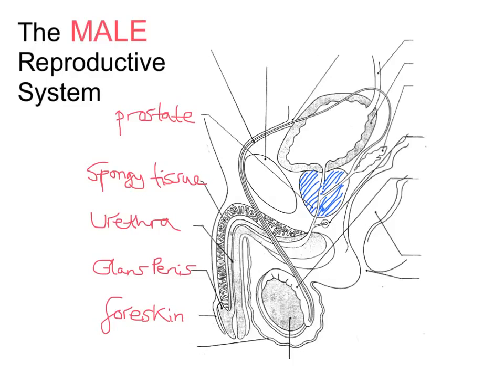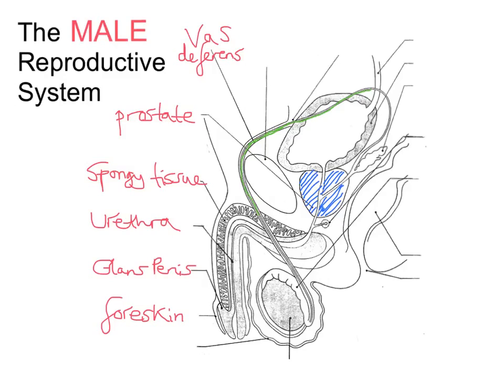Let's move a little further up, and we're going to look now at this here, which is known as the vas deferens, also known as the sperm tube. So I'll colour that in just to make that a little bit clearer. So we're talking about this tube here. I won't colour the whole thing in, just a portion of it.